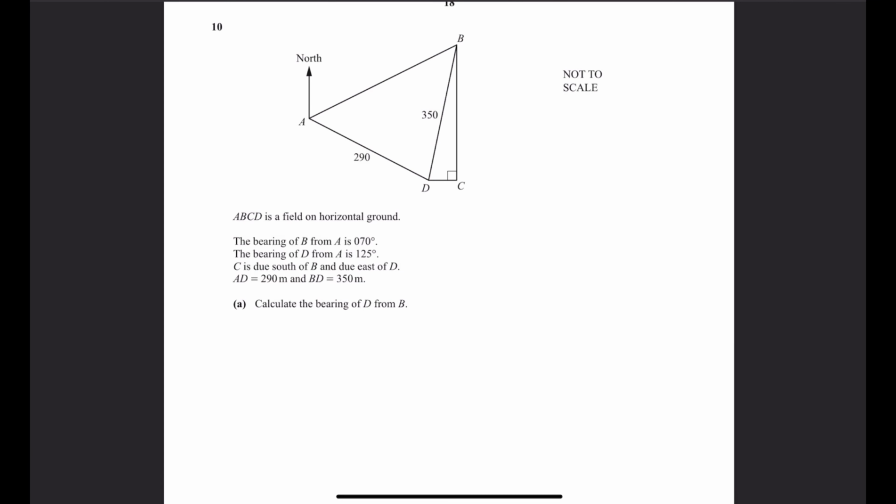This is question number 10. ABCD is a field. The bearing of B from A is 073 degree. Since it is from A, the angle will be created at A, and the line BA creates a 70 degree angle with the north line, and bearing of D from A is 125.